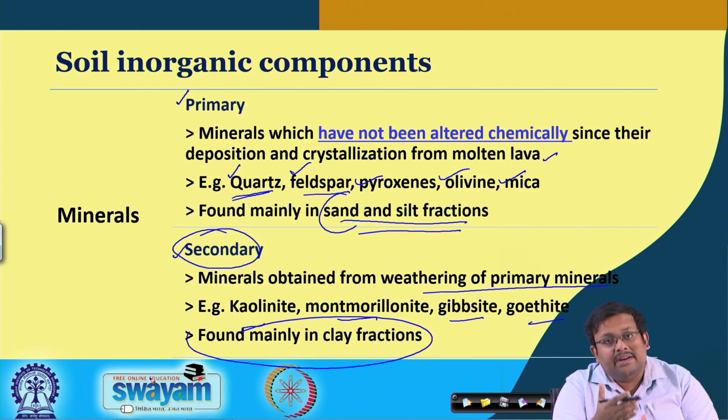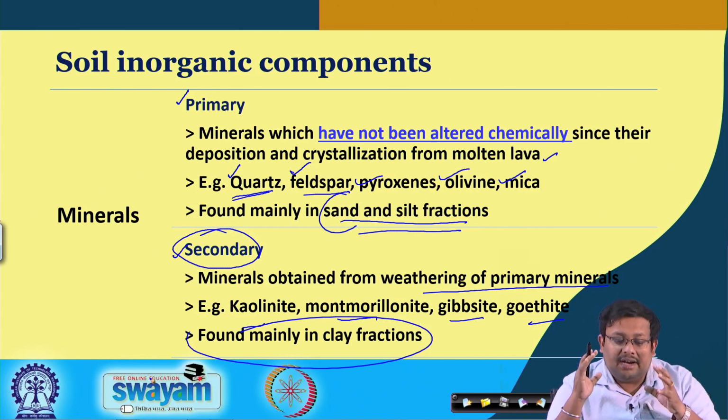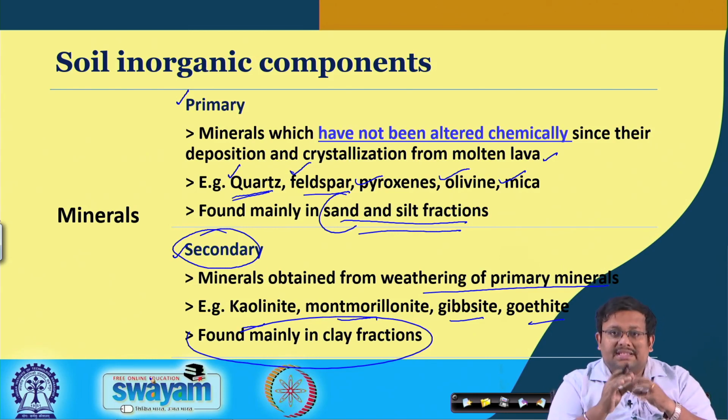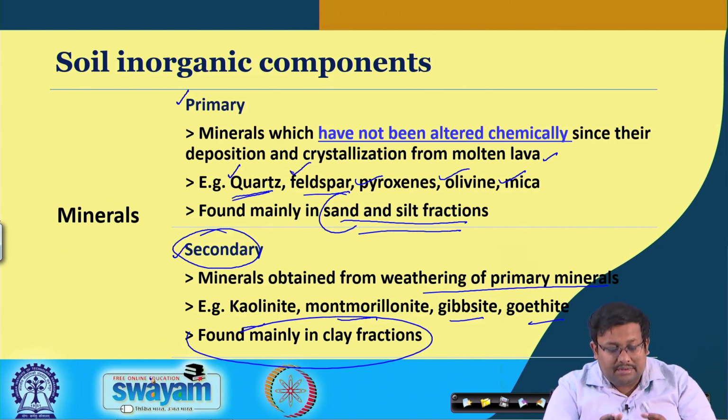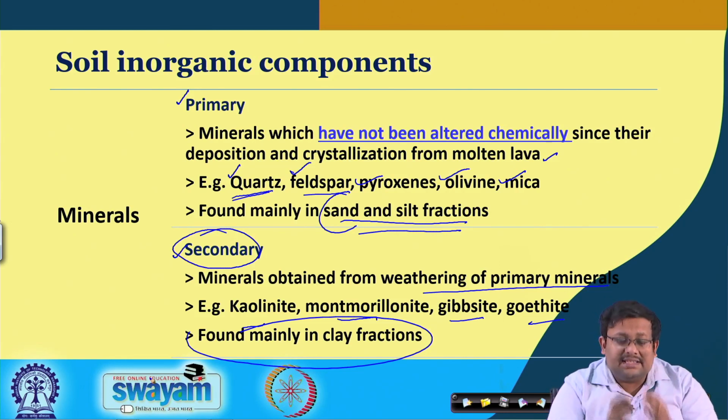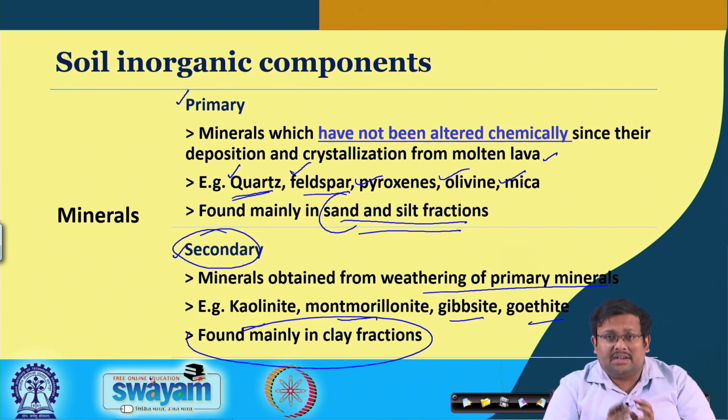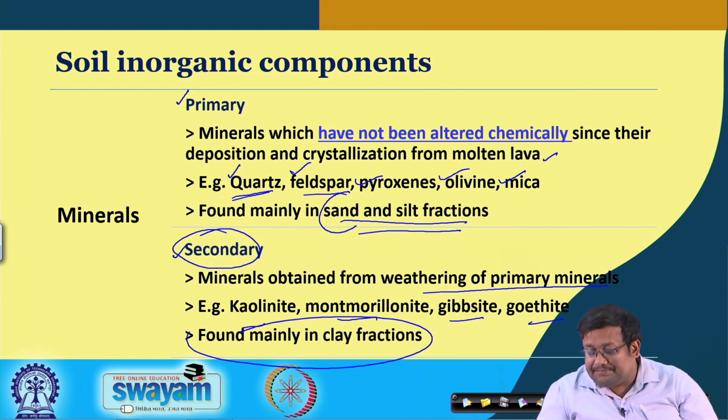So, again primary minerals are concentrated in the sand and silt fractions, which produce the skeleton of the soil, whereas secondary minerals, also known as clay minerals because they compose the clay, form from the weathering of the primary minerals, and their chemical structure has been changed, and these clay minerals basically compose the flesh of the soil. So, this is the difference.